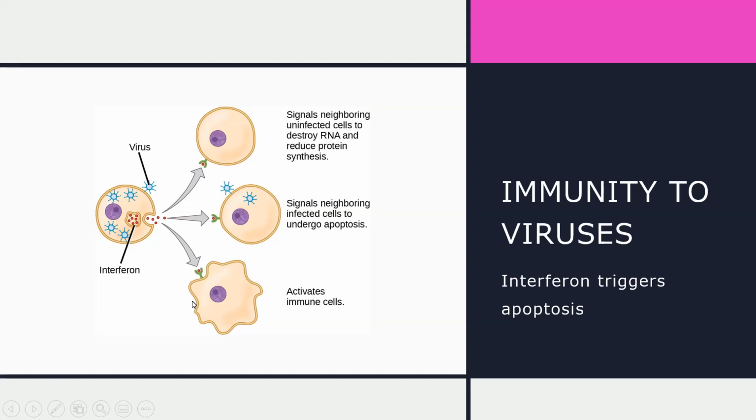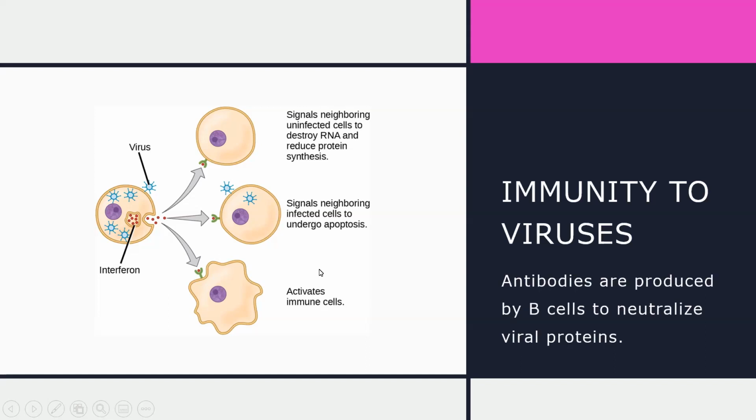And interferon is going to trigger immune cells like this, what I'm guessing is a macrophage here, to come and basically try to find and eat infected cells. And eventually, you can get a specific immune response. Antibodies will be produced by B cells to neutralize those viral proteins, and hopefully you can get immunity.